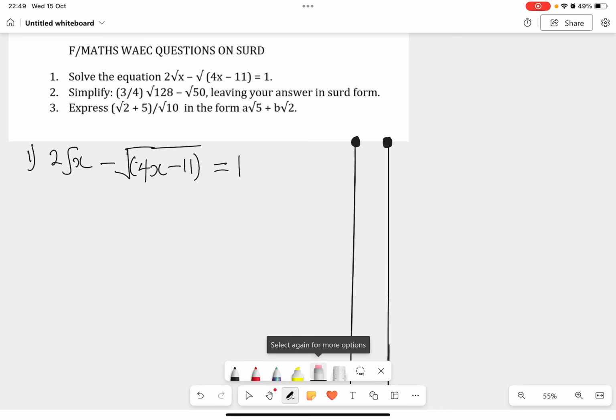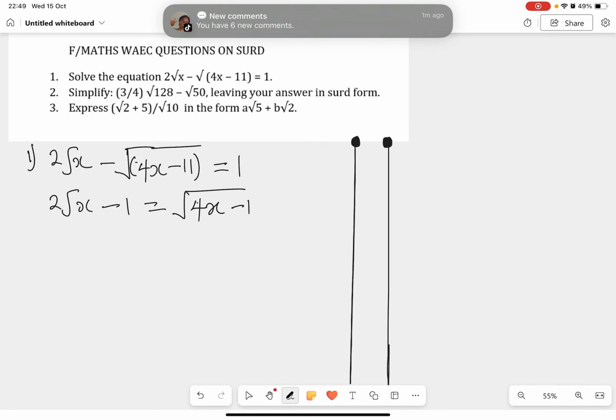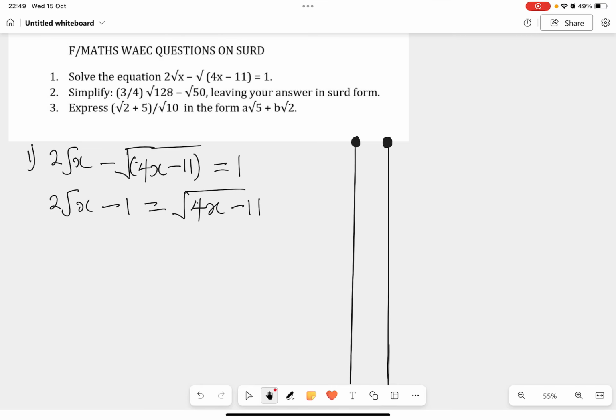The first thing I would like to do is move the 1 to the right hand side and the root to the left, so that I would have 2 root x minus 1 equals root 4x minus 11. I'm having a root on the right hand side and a root on the left hand side. That's actually what I want.